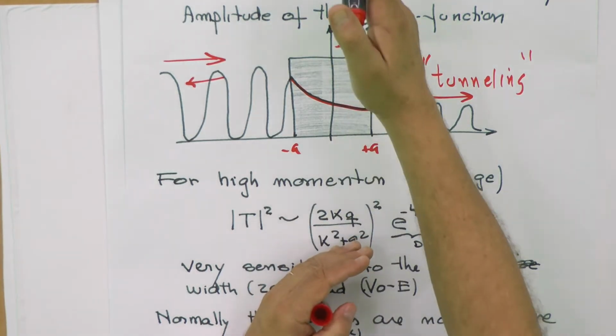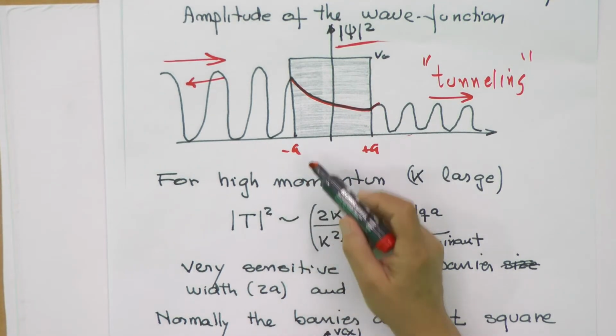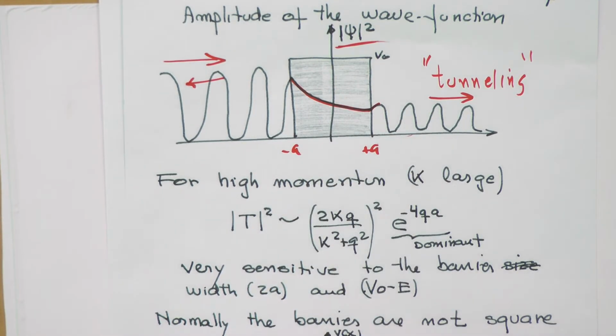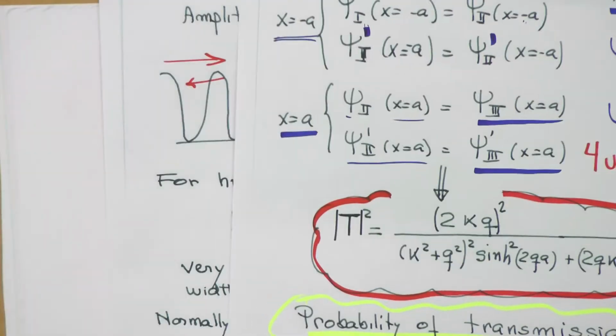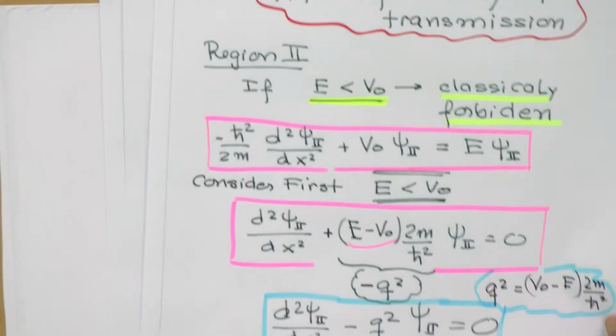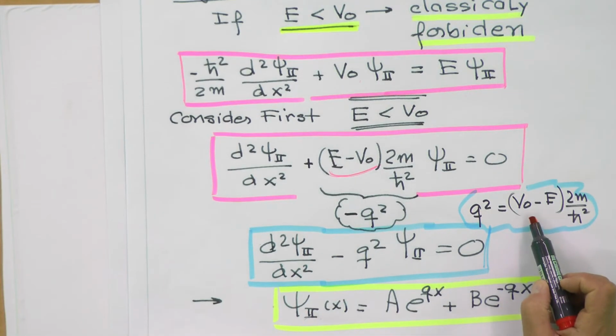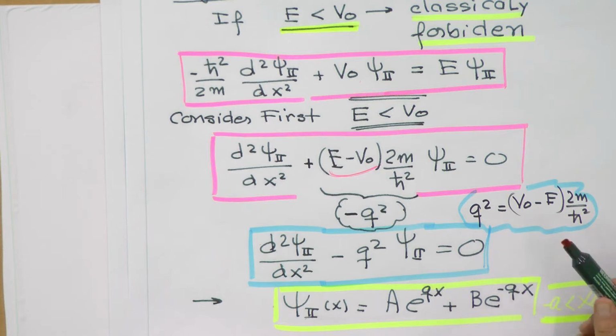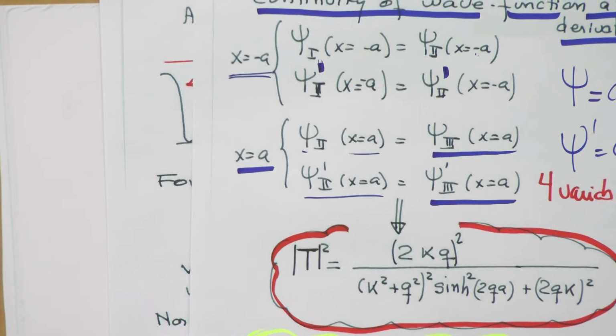If the barrier is very high, if you look at the exponent, this term q will be very big, and the negative part of it will kill the wave function a lot, right?